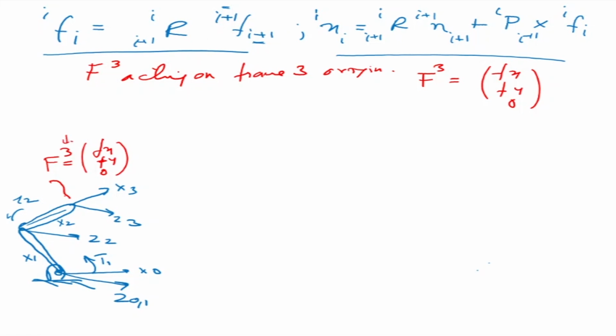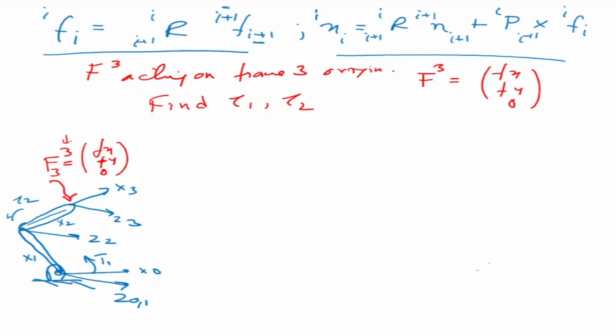This is the meaning of F_3^3: it acts on frame 3 and is expressed in frame 3. So these are two link manipulators with a force acting at the end effector. I want to find tau 1 and tau 2, the torques acting at the joints.